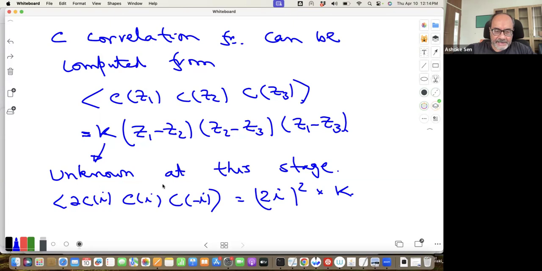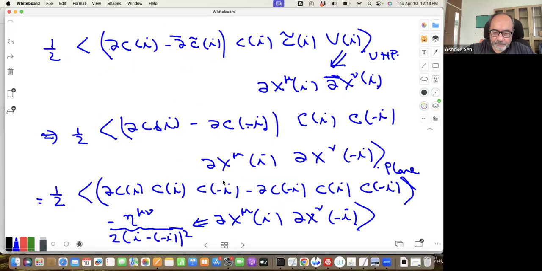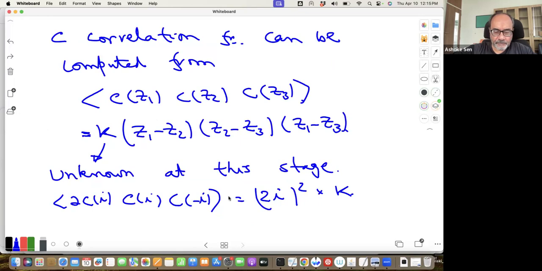And you can easily check that if instead of i you had taken something else, then this will change, but this will also change, and they will just compensate. You will get a 1 over (z minus w) squared from here and (z minus w) squared from the c, and they will just cancel. Is this clear?